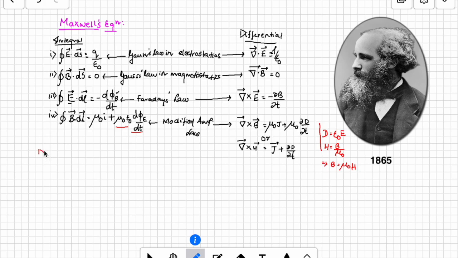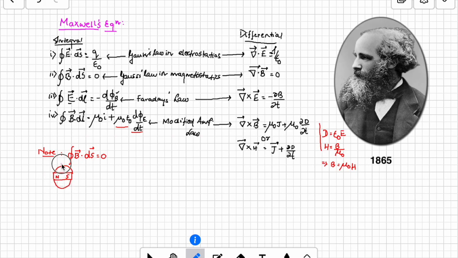Before I go into the different terms involved here, let me give you a very brief idea about Gauss's law in magnetostatics. In Gauss's law in magnetostatics, we are saying that the closed integration of B bar dot ds is equal to 0. What does it stand for? It's a closed integral, so if you talk about the field lines of a magnetic field, say this is north and this is south, the field lines always go from north to south.